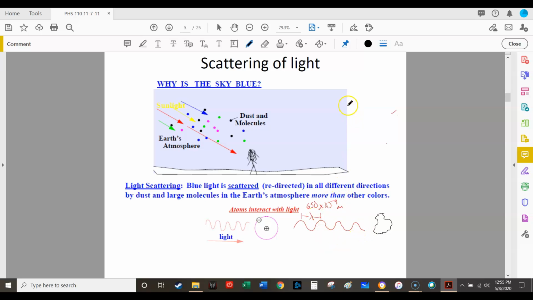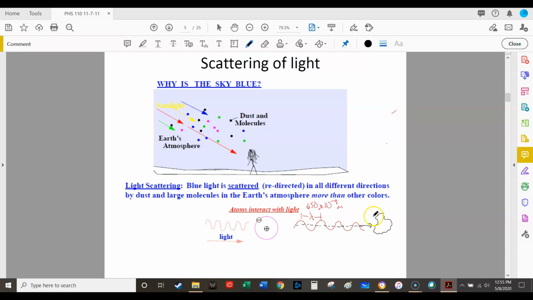Remember that red will be traveling along the crest of the wavelength. So the wave is not moving up and down, it's actually moving along a straight line.